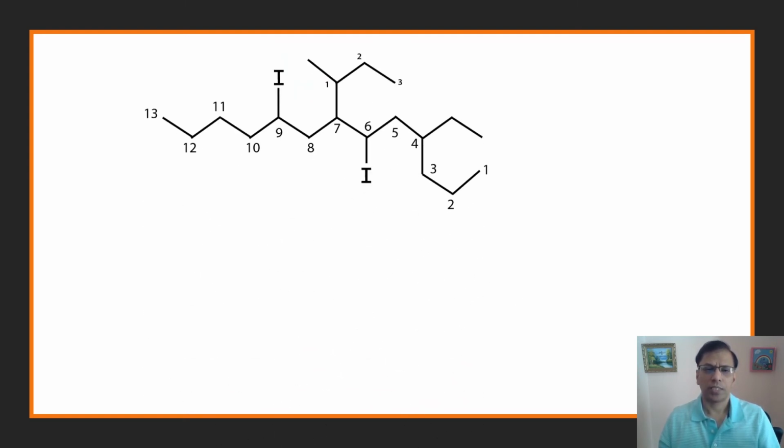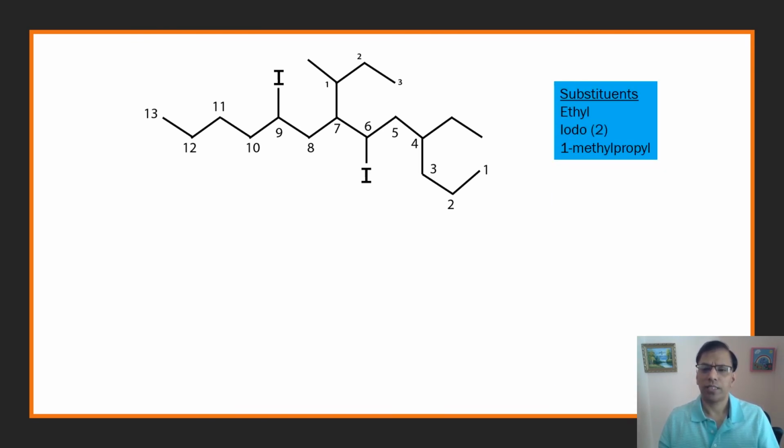So let's look at this example. This has 13 carbon atoms in the parent chain, that's quite a bit. And this is the ethyl substituent right here. We have two iodo substituents right here, so it will be called diiodo, but the di in this case is not considered while listing the substituents in alphabetical order in the organic molecule.